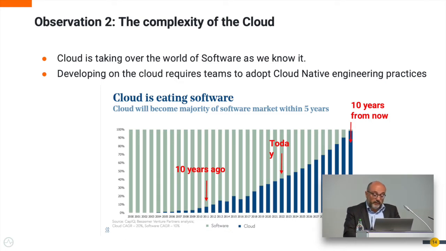And if you compare that with 10 years ago, it was less than 10%. So the growth is really incredible. And in 10 years, the cloud will almost have replaced the classical data center deployment.